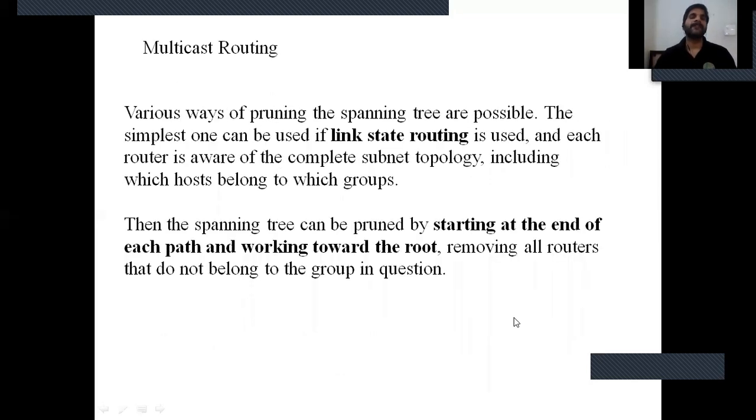There are various ways the pruned spanning tree is possible; the simplest one can be used. If link state routing is used, each router is aware of the complete subnet topology, including which hosts belong to it. Then a spanning tree can be pruned, starting at the end of each path and working toward the root, removing all routers that do not belong to the group.